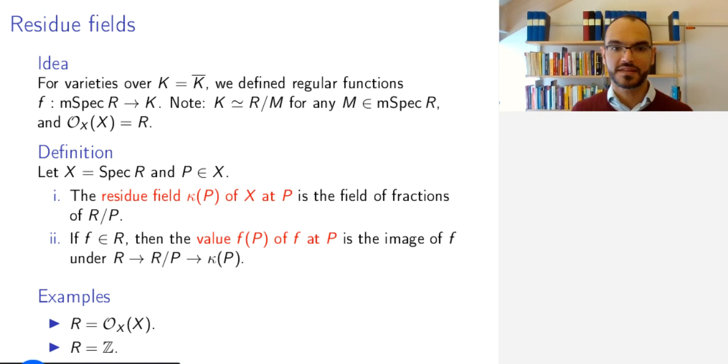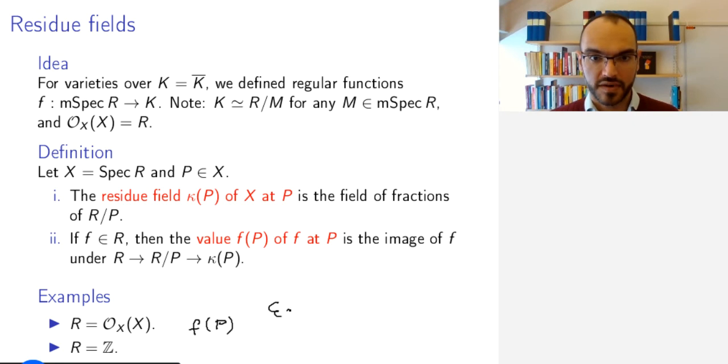A more quaint example is that of the integers. So remember now the prime ideals are the ideals generated by prime numbers and the ideal 0. So what does f of P mean? Well, for example, we can take f as the integer 7 and P as the ideal generated by 5.